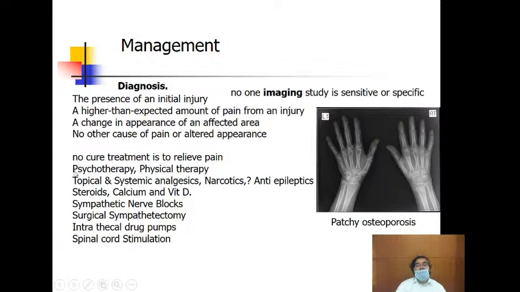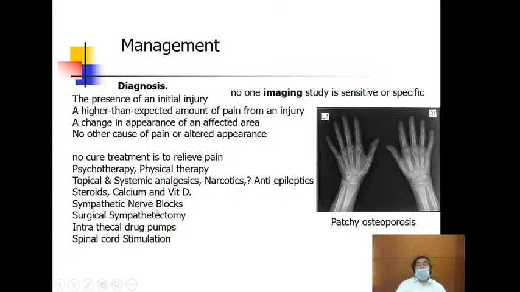So you need psychotherapy for the patient as well as for the doctor, and physical therapy definitely helps, and topical and systemic analgesics, narcotics if the pain is very, very severe. And there is a paper which describes that maybe anti-epileptics can help. We never know. And steroids and calcium and vitamin D are definitely needed for fracture union.